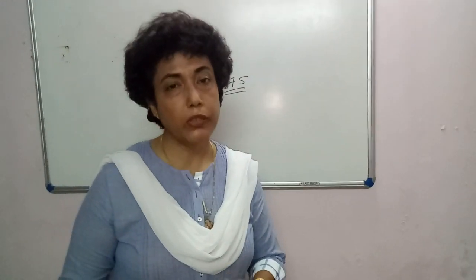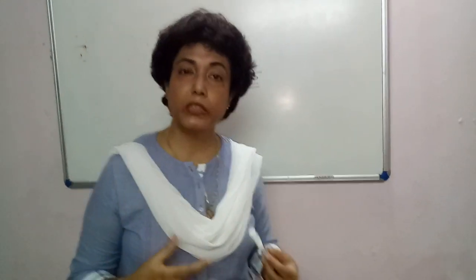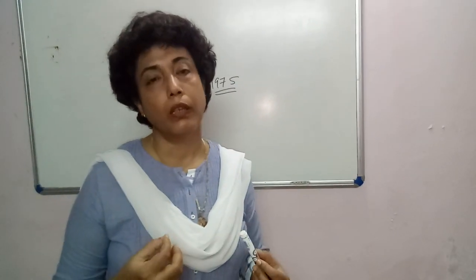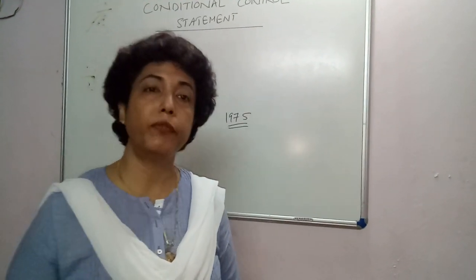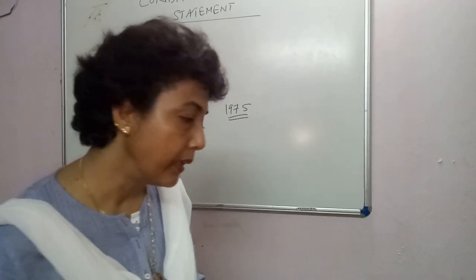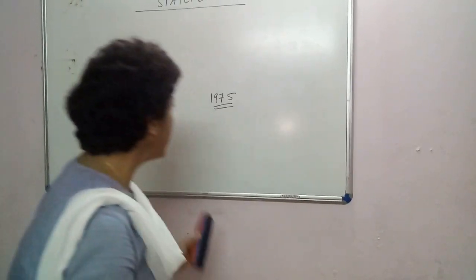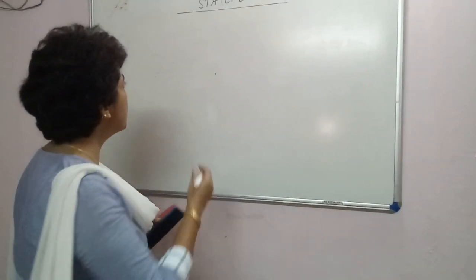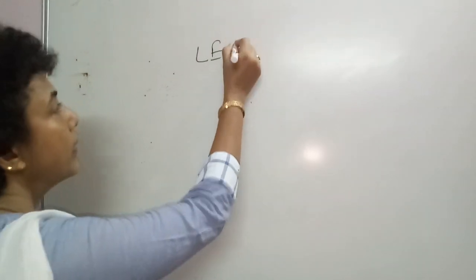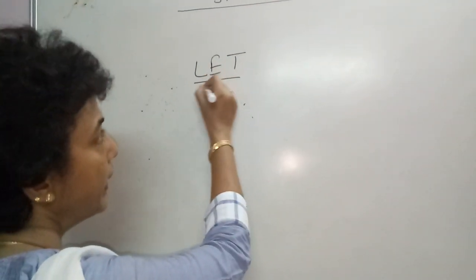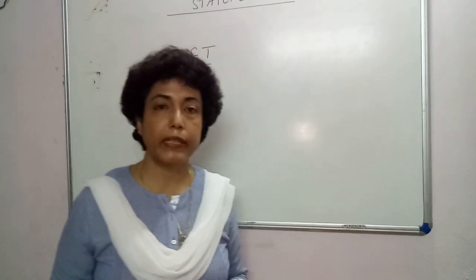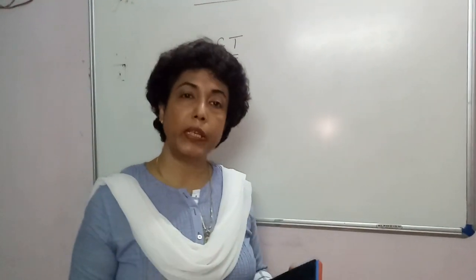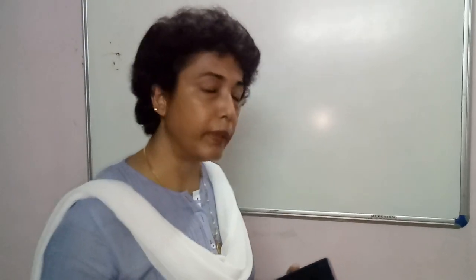Now, let us quickly refresh our memory about some of the most frequently used QBasic commands and statements that we need while writing a program. One of them is the LET statement. This LET statement is an assignment statement used for storing a value in a variable.